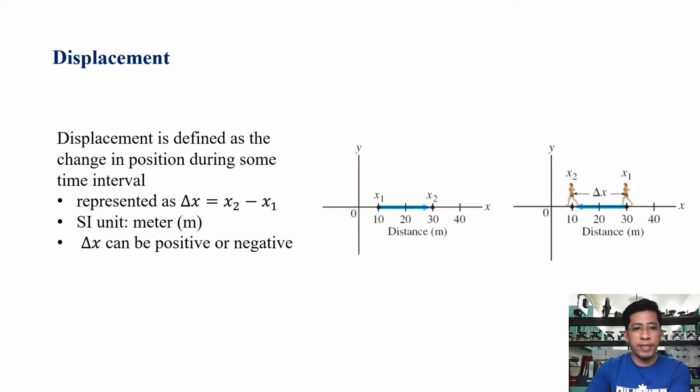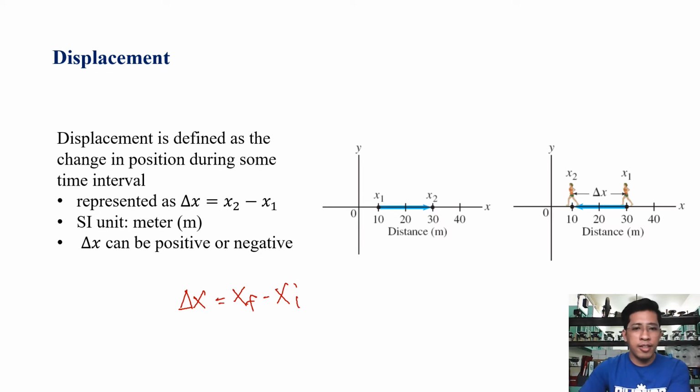So your displacement is represented by delta x, which is equal to x2 minus x1. In some books, you will see the representation for the displacement as delta x equals x final minus x initial.